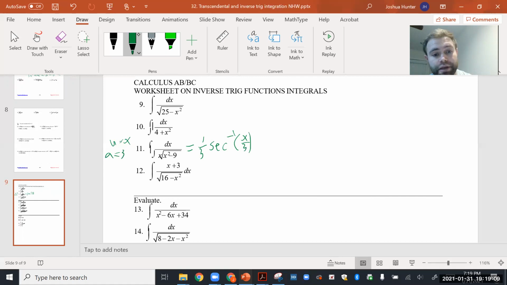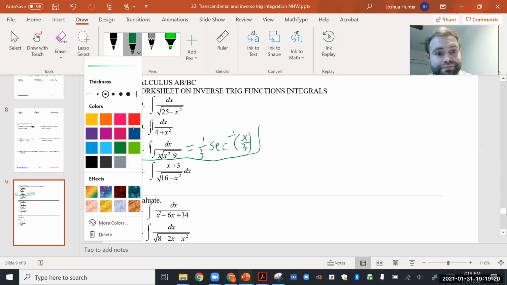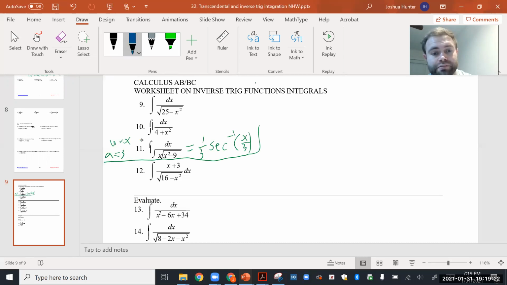Okay, next I was asked about 12, which is understandable and possible. So let's go over 12. On 12, we see two problems.